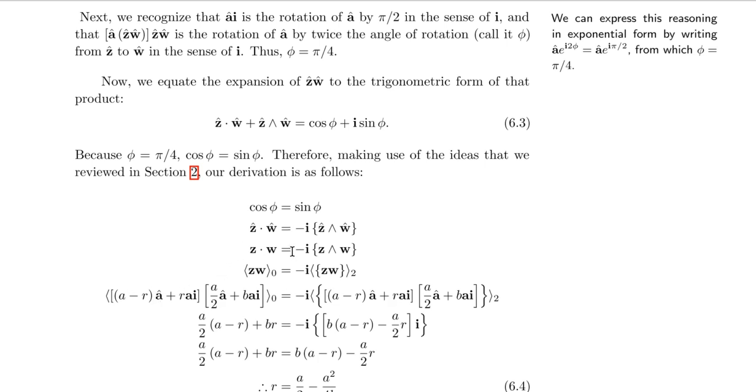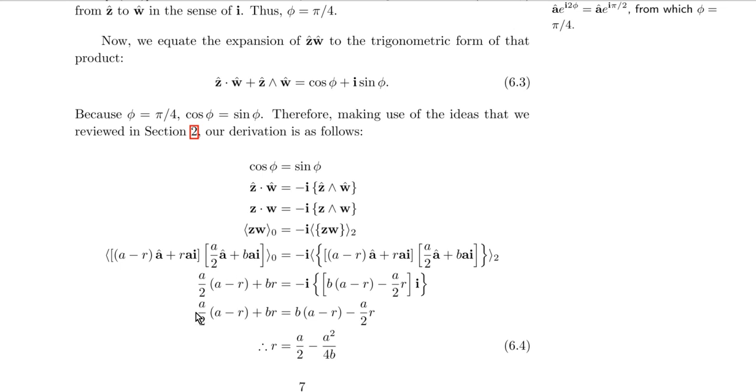There's no real work involved up to this point. Finally now, after just doing simple rewritings, which doesn't require any work at all, we can make substitutions for z and w, and now we actually have to do just a little bit of work. What we come up with is this nice simple equation for r in terms of a and b.